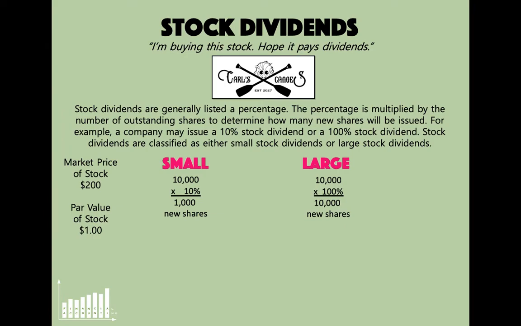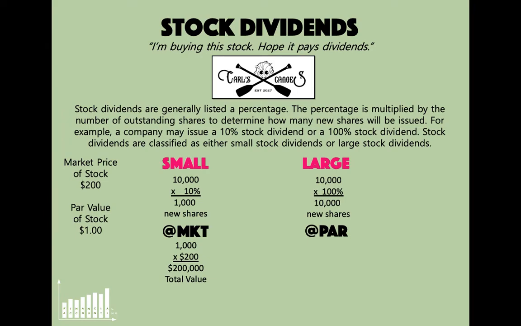So for example, here on the left, assume the market price of the stock is $200 at this time, before we do anything, and the par value of the stock is $1. Small at market, large at par.